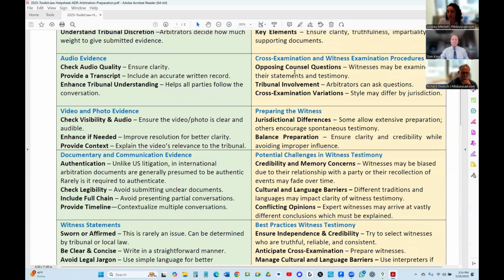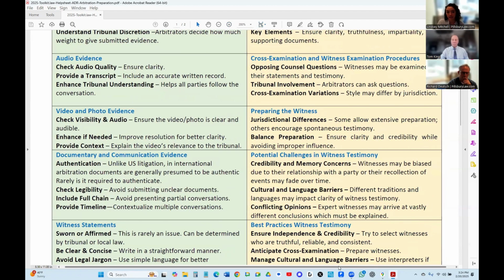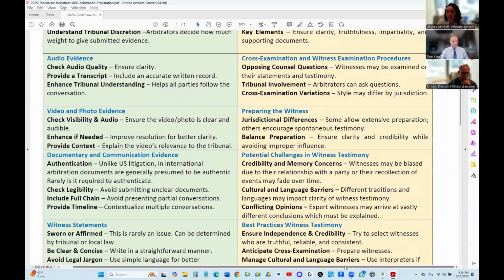So just like you would have in any typical US litigation, the hearing stage of an arbitration often will provide the opportunity for the opposing side, and often the tribunal itself, to cross-examine or to ask the witnesses any questions.